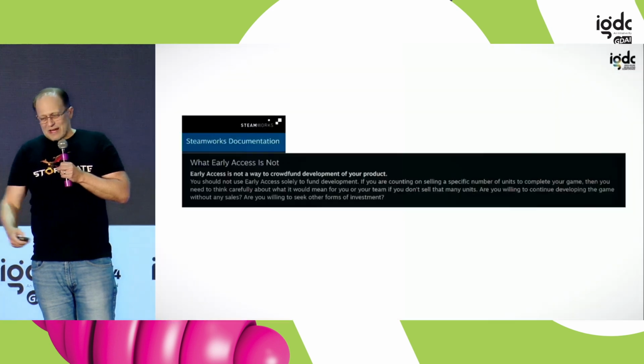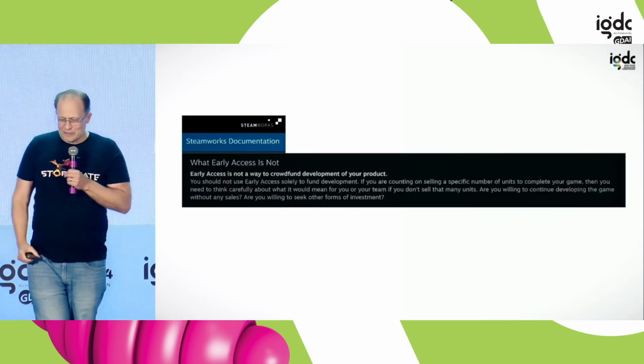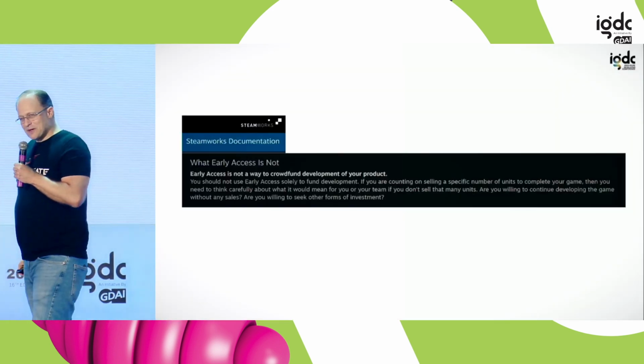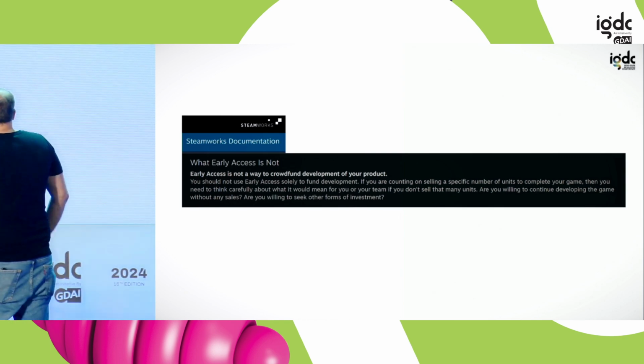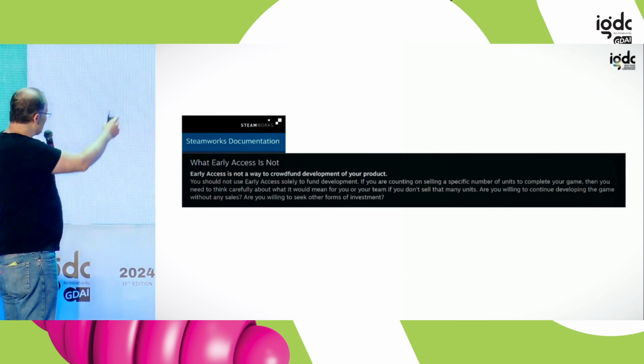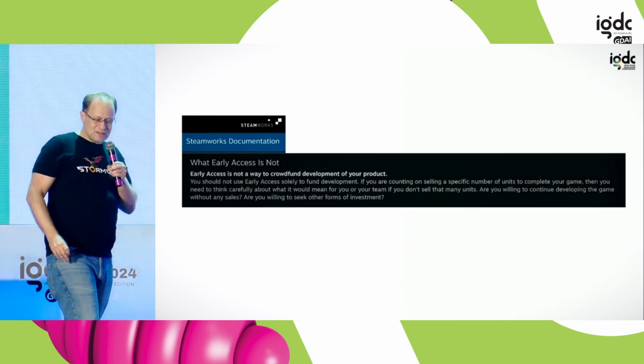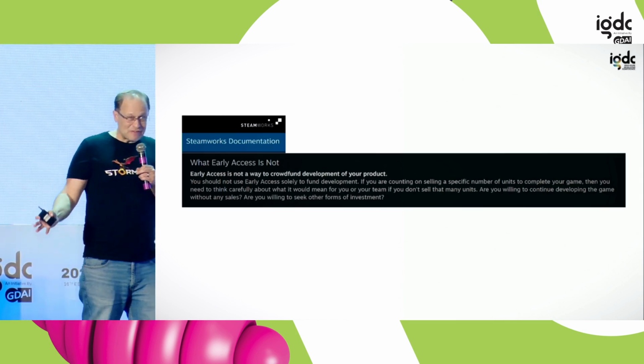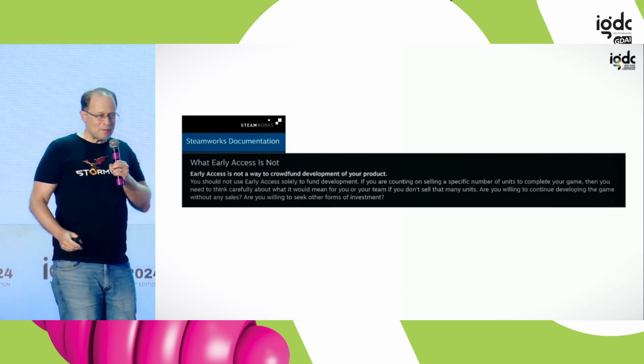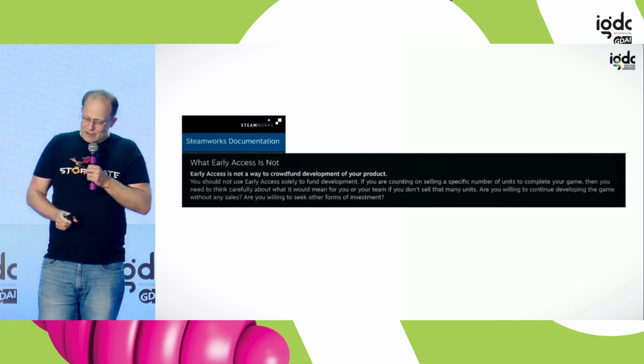And Steam actually told us this. We didn't necessarily want to hear it, but they, even in bold, say you should not use early access solely to fund development. To be fair, we're not using it solely to fund development, but we definitely hoped that it would perform better than it actually did.